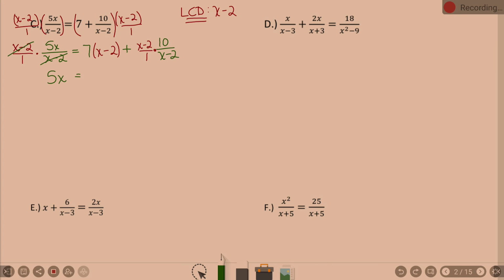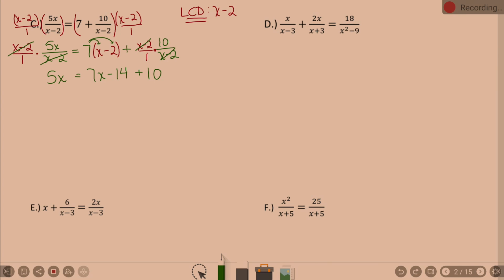No. What could you go ahead and do here if you wanted to? If nothing cancels, could we go ahead and multiply? Yep. What is 7 times x minus 2? Distribute, and you're going to have 7x minus 14. Plus, third piece, what cancels? X minus 2 cancels. What remains? 10.